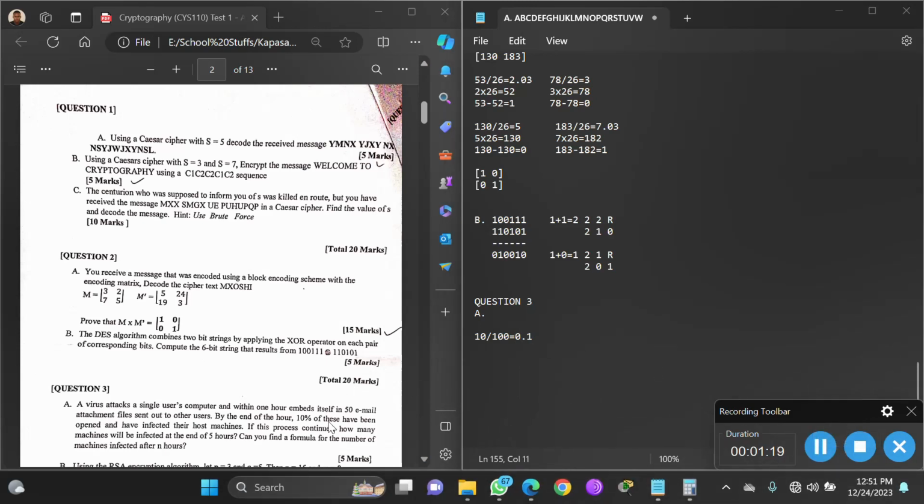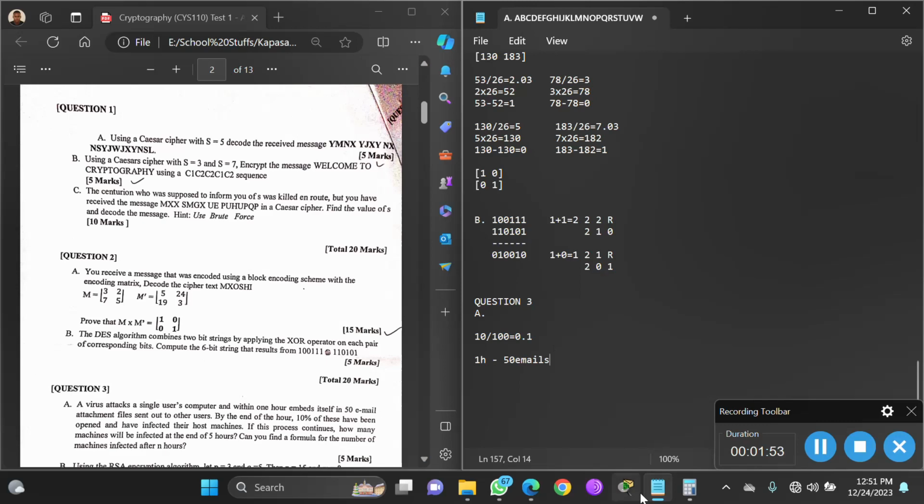Okay, so now these 0.1, the 10% you are seeing, we are supposed to say 1 hour is equal to 50 emails. So 50 emails, as you can see from that question, and we are saying 10% of these have been opened.